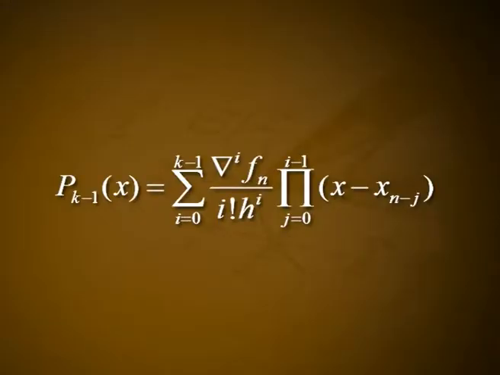We will use the following Newton's backward difference form of the interpolating polynomial: Pk-1(x) = summation over i from 0 to k-1 of del^i fn / (i! h^i) times the product over j from 0 to i-1 of (x - xn-j).